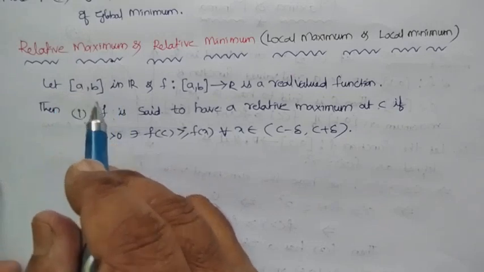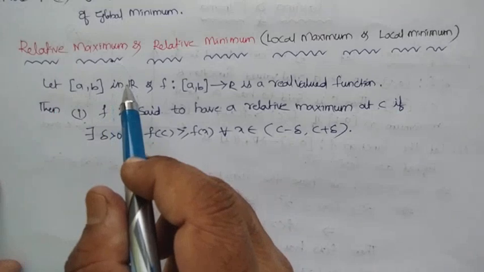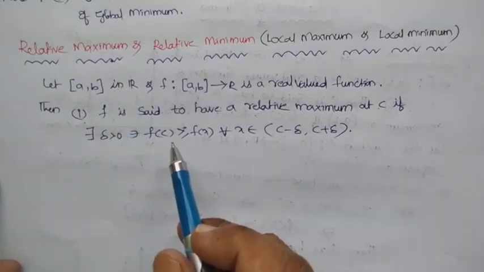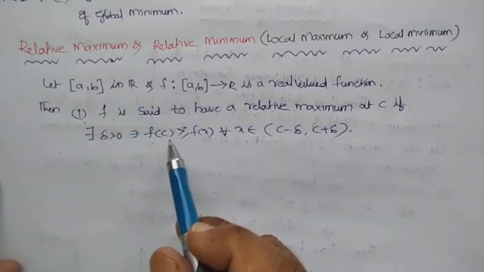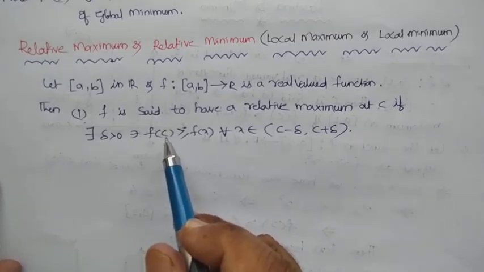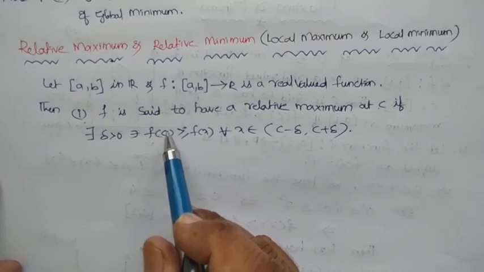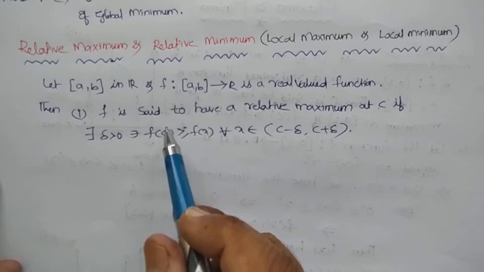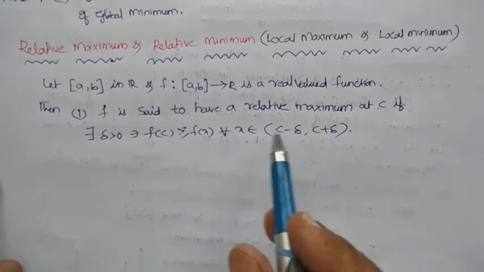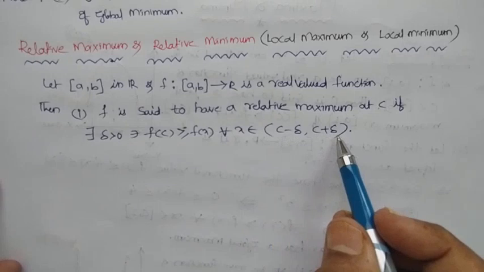But for the relative maximum, f of c is the maximum value attained at the point c, and around such c we take the neighborhood c minus delta comma c plus delta.